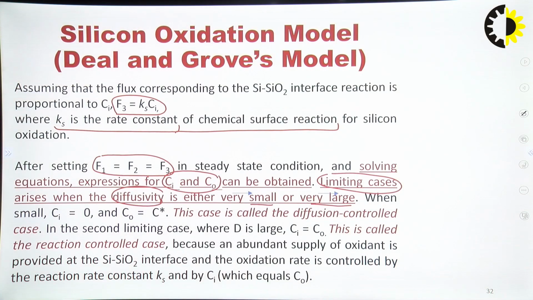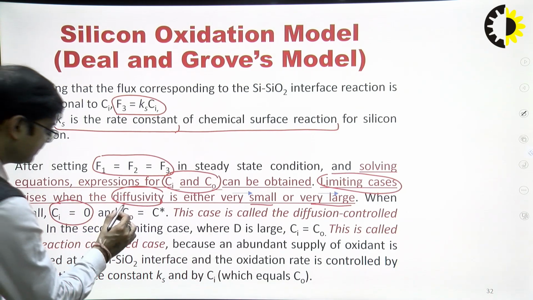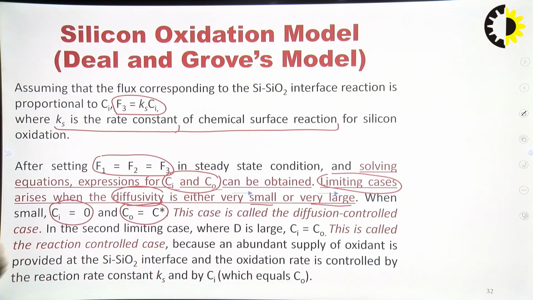When the diffusivity is very small, Ci will be equal to 0 and C naught will be equal to C star. This case is called the diffusion controlled case because the diffusivity is small, so the rate of diffusion decides the reaction.